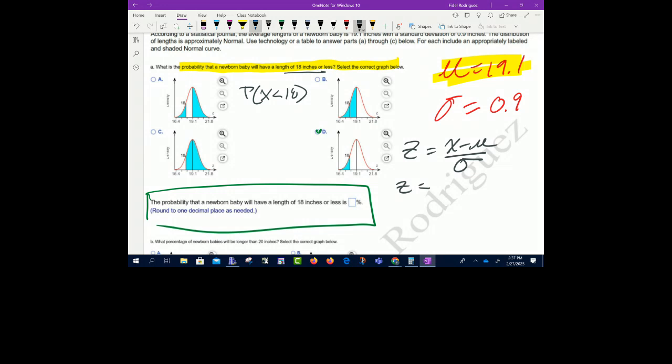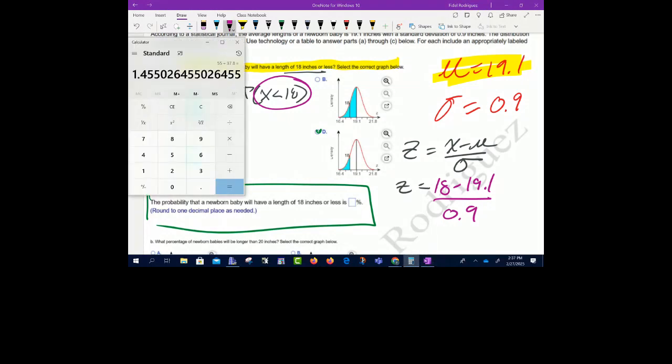So 18 minus 19.1 divided by 0.9. Okie dokie, artichokes. 18 minus 19.1 is negative 1.1, divided by 0.9, negative 1.22.